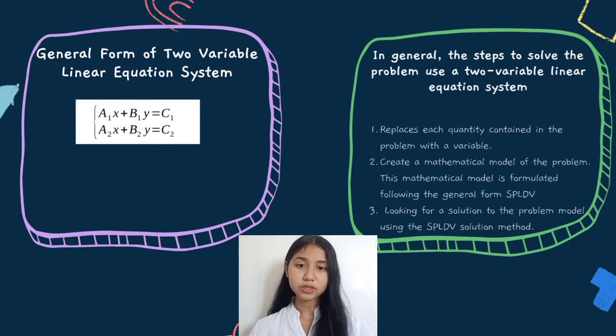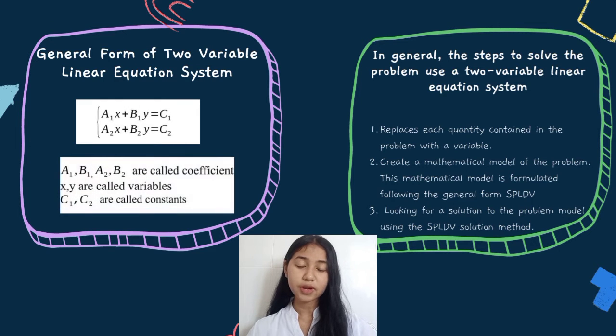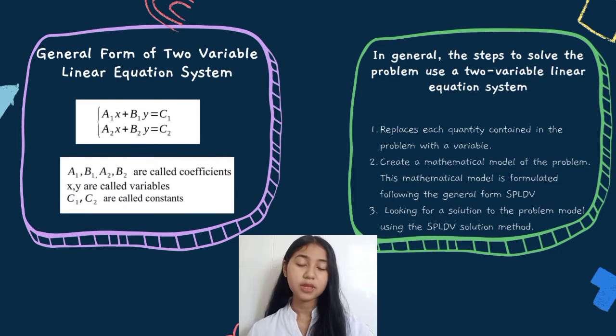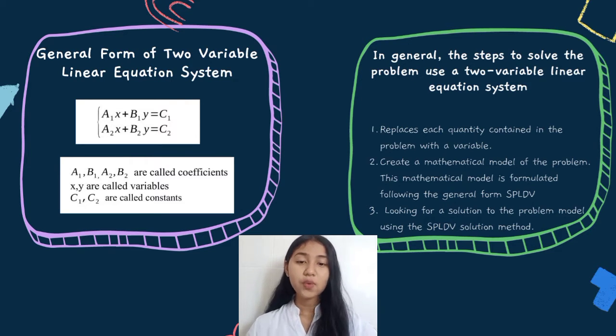Okay, next we talk about the general form of the two variable linear equation system. The general form is a1x plus b1y equal to c1, and a2x plus b2y equal to c2, where a1, b1, a2, and b2 are called coefficients, x and y are called variables, and c1 and c2 are called constants.